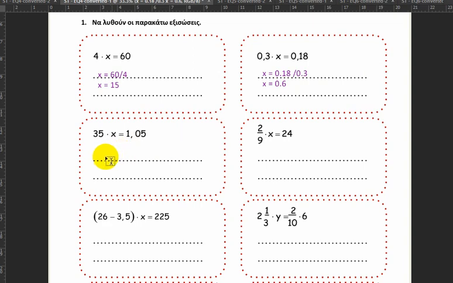Yeah, okay. So let's continue. 35x equals 1.05.